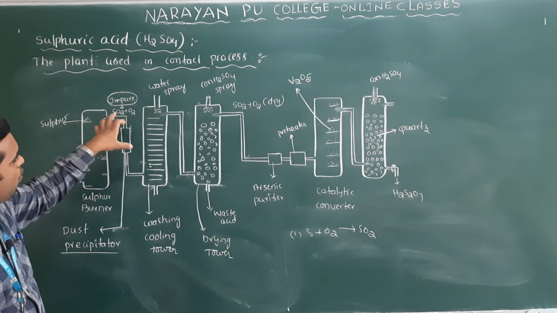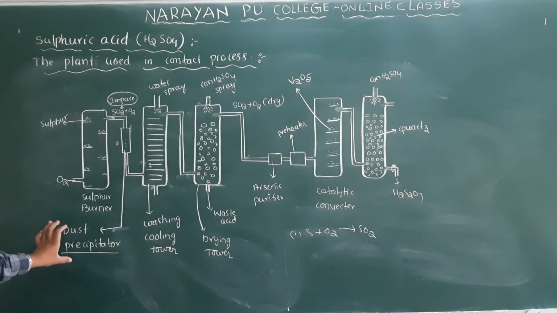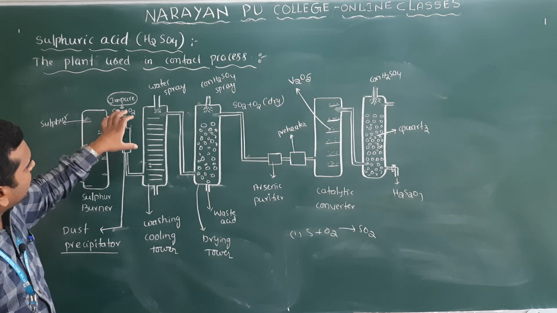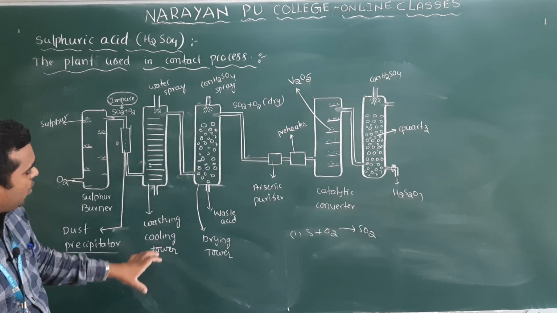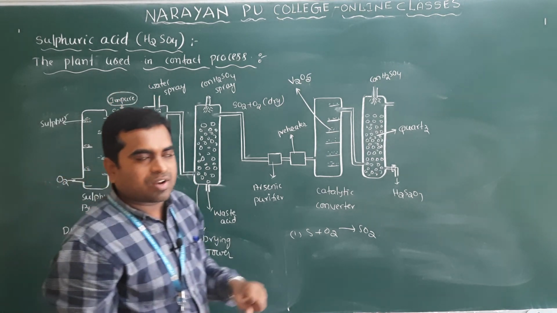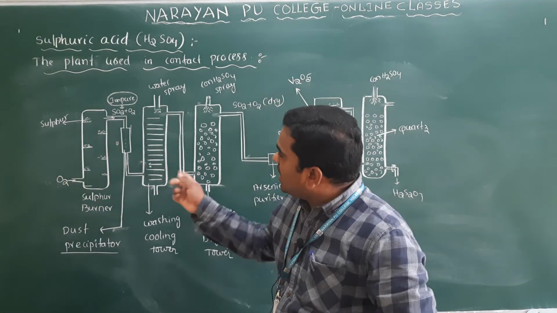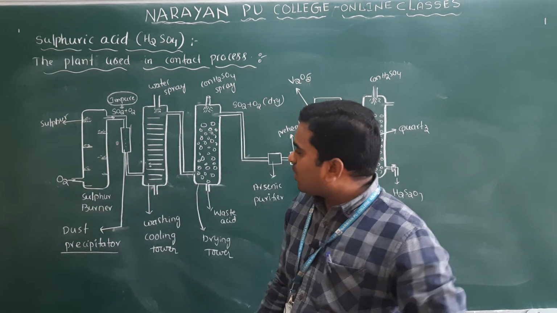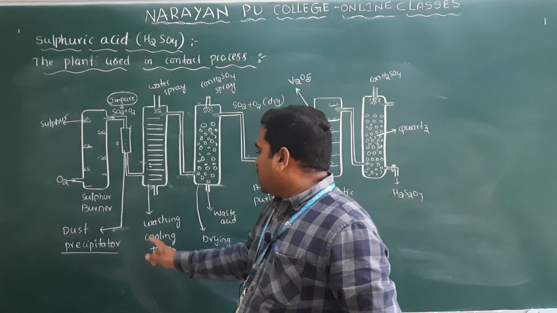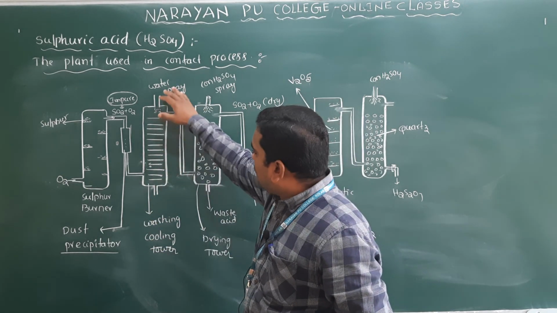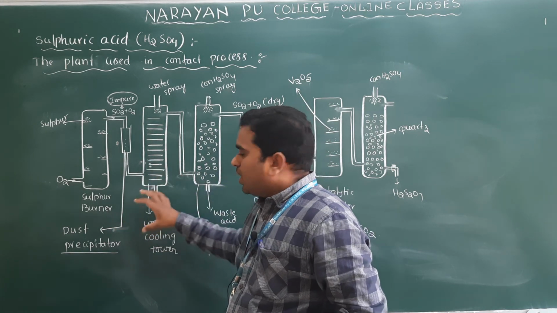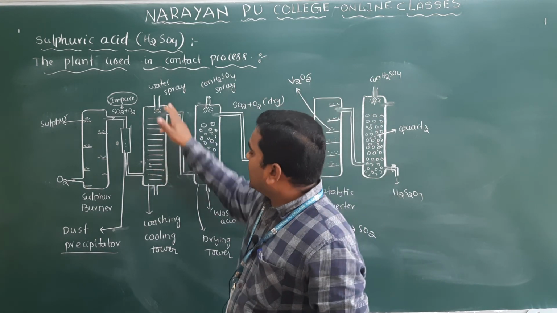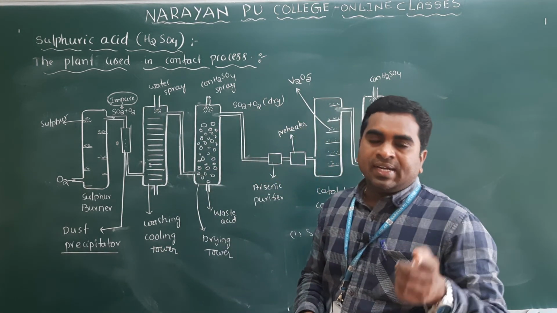If any water soluble impurities are present in the SO2 and O2, they will be removed by the washing and cooling tower. Mainly water soluble impurities are removed in this washing and cooling tower.